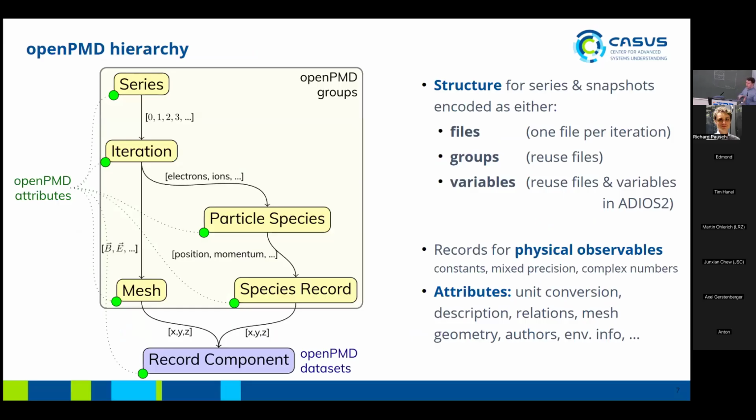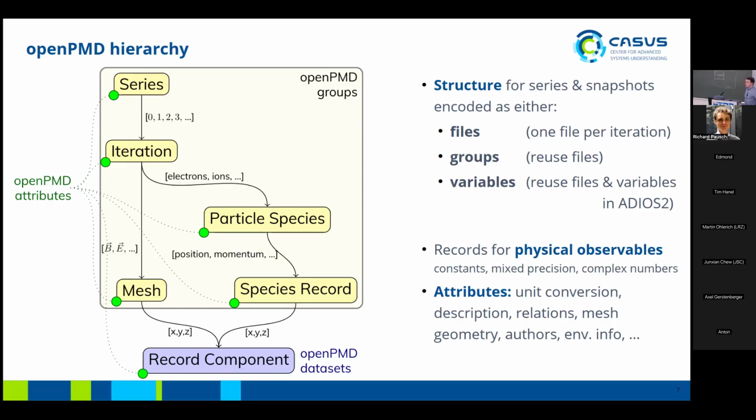This is modeled in the openPMD standard in a hierarchical way. So an openPMD dataset is a series of iterations. An iteration is just, you can call it a time step, a snapshot, so there are different words for it in different contexts.